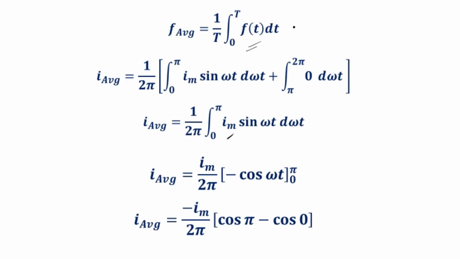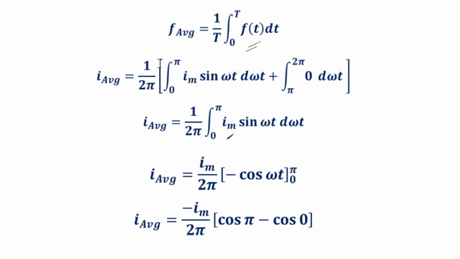Taking Im common, it is Im by 2 pi. Integration of sin omega t is minus cos omega t with the limits of 0 to pi. Substituting the upper and lower limits, minus Im by 2 pi into cos pi minus cos 0. The value of cos pi is minus 1 and the value of cos 0 is 1.